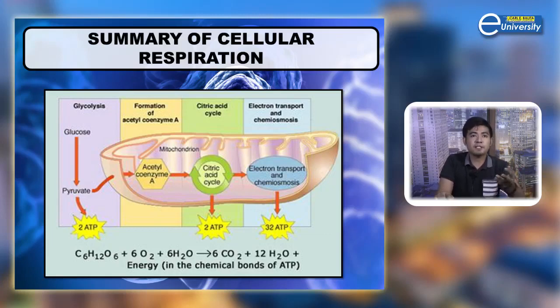So to sum up the process of cellular respiration, in glycolysis, again, glucose is converted into pyruvate, releasing two molecules of ATP. Since pyruvate can no longer be used directly in the Krebs cycle, it is first converted in the transition stage into acetyl coenzyme A with the help of coenzyme A. Now we have the acetyl coenzyme, which will be used in the Krebs cycle or the citric acid cycle.